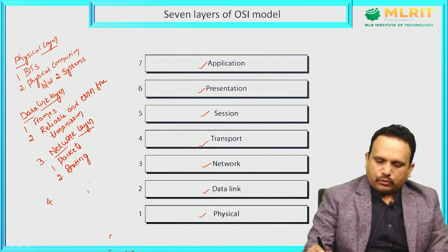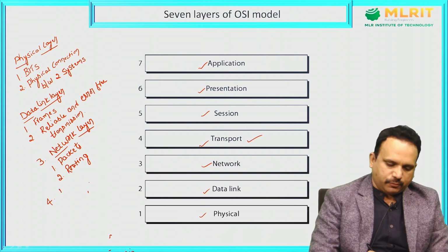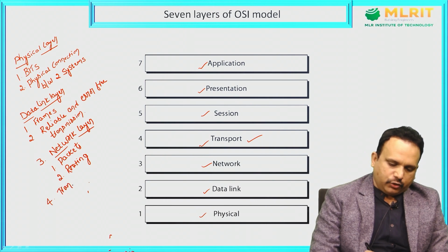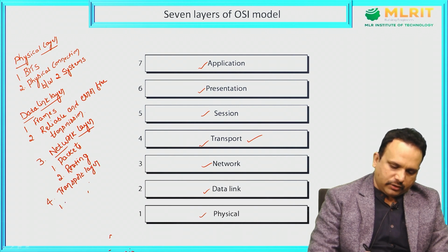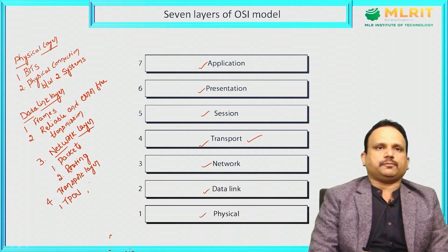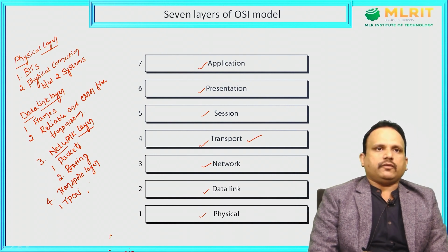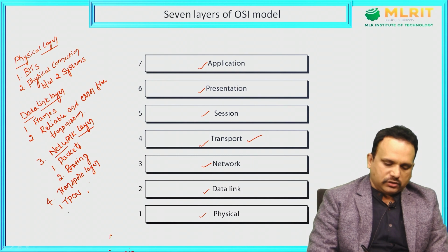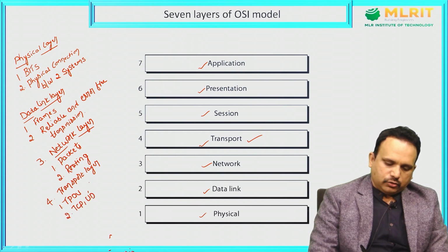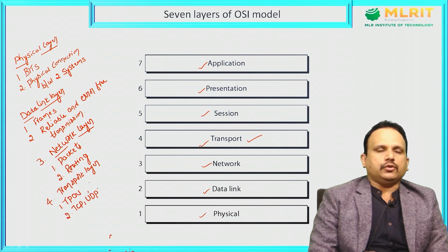Those protocols are included in the transport layer, and the unit in the transport layer we call a transport protocol data unit, in short, TPDU. Here we will make use of protocols like TCP and UDP for transmitting the data from source to destination.